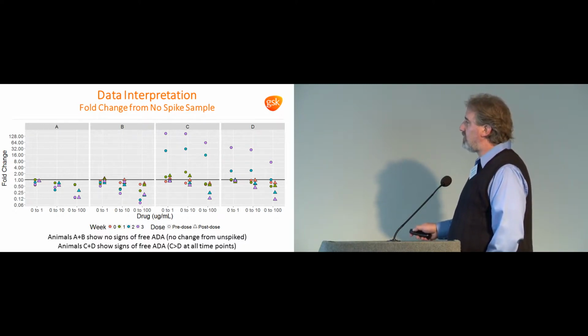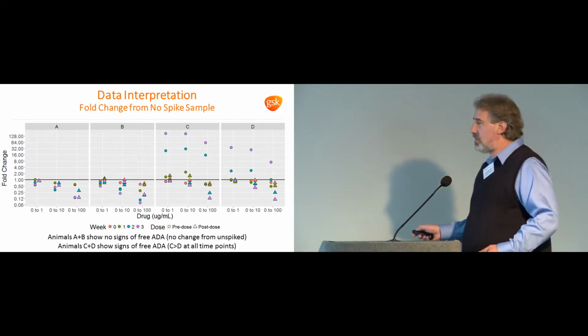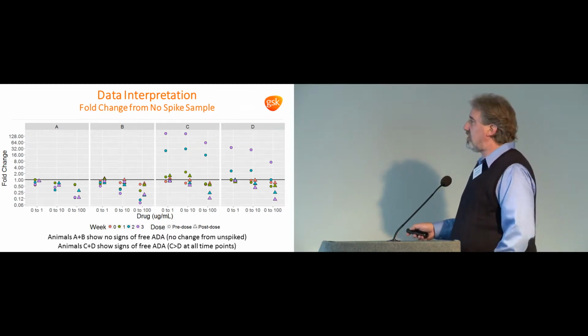But now if we compare these two levels, we can see that animal C had much higher levels of ADA compared to animal D. So whereas we would normally titer out these responses, now we have an idea of the relative strength of signal between these two animals, just to give us an idea of what's going on.